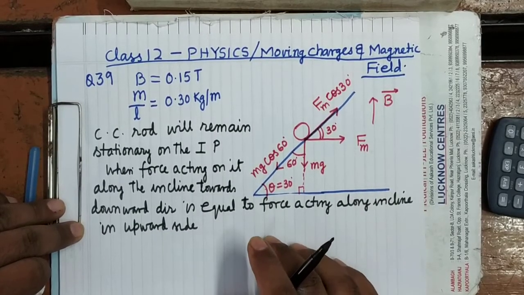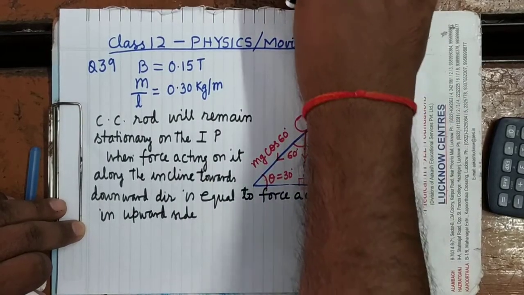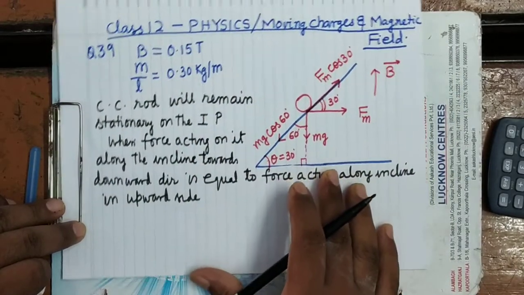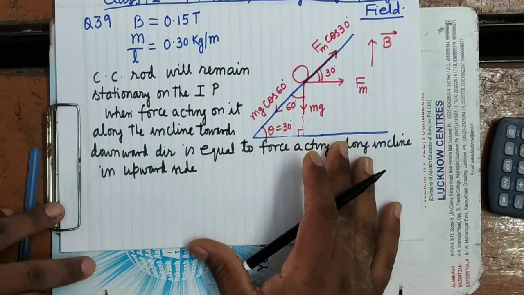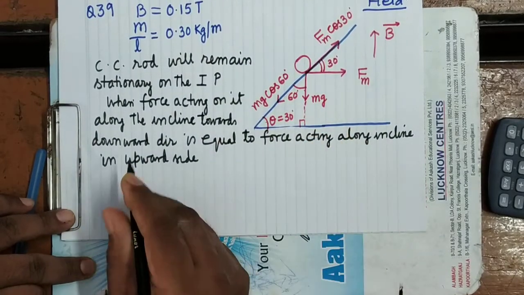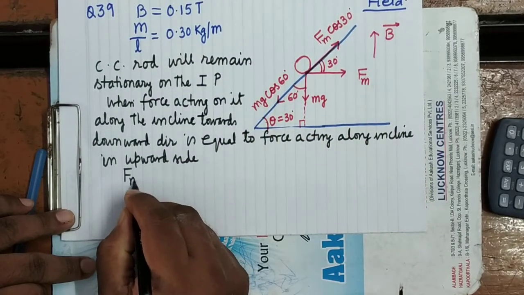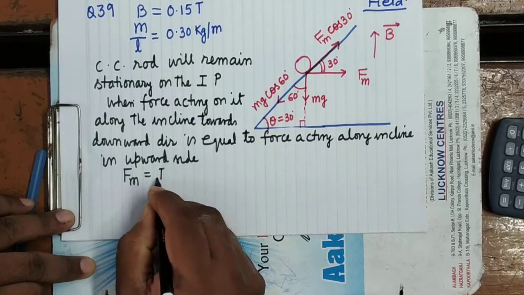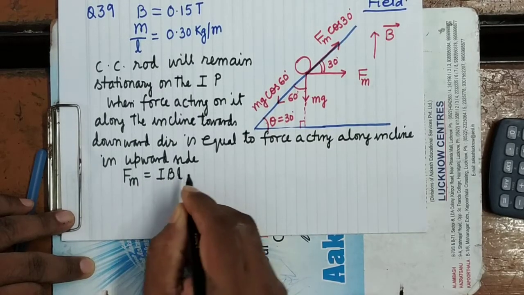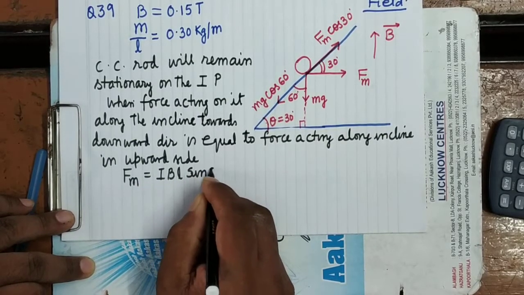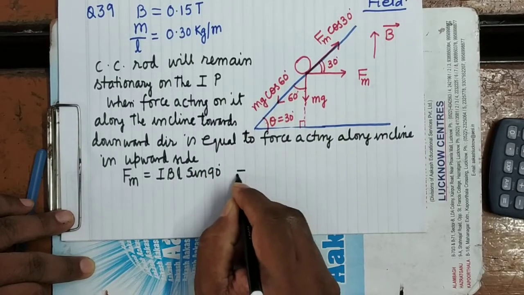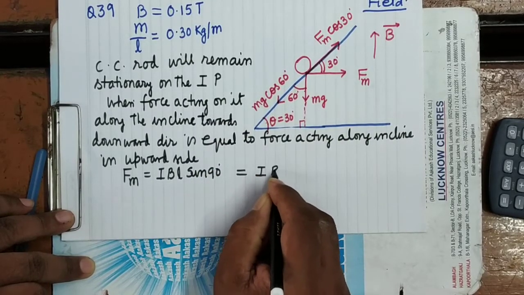So see here, what will be Fm here? If you find Fm, you will get Fm equals to IBL sin 90 degree. That is equals to IBL.